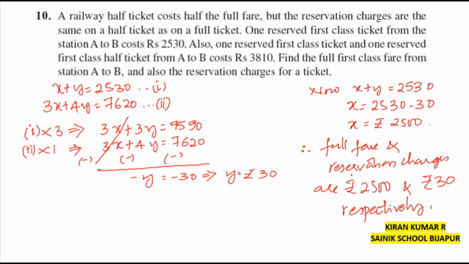Here it's very important to get the second equation, because they have given that one reserved first class ticket and one reserved first class half ticket from A to B. This condition, second condition, is very important.